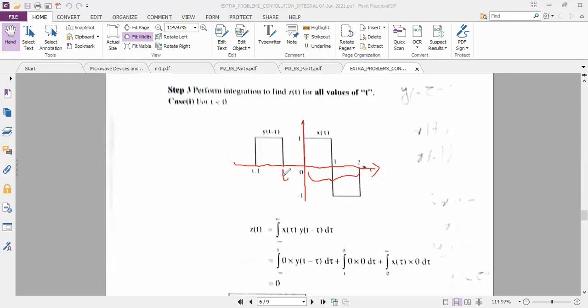You know for y of t minus tau, one time limit is t, so it will be away from the origin, and this is t minus 1. You had two separate diagrams, and you are putting them together, that's it. When you put them together, there is no common portion. Do you have any doubts in putting these two diagrams together? I think it is easy, right?